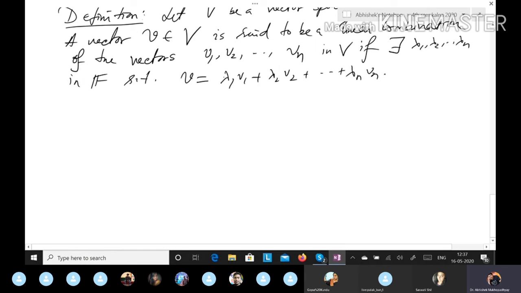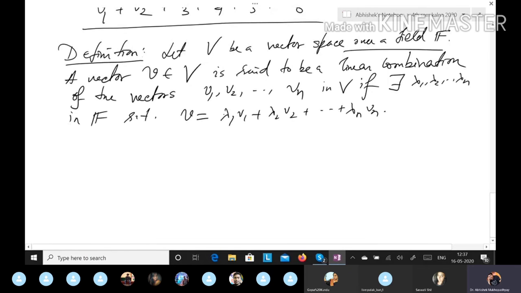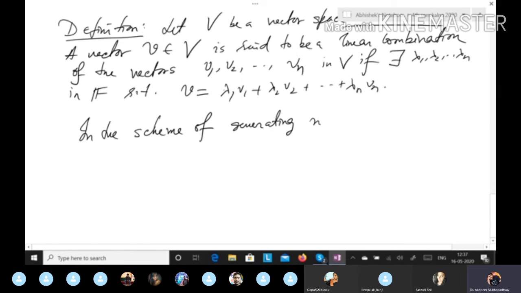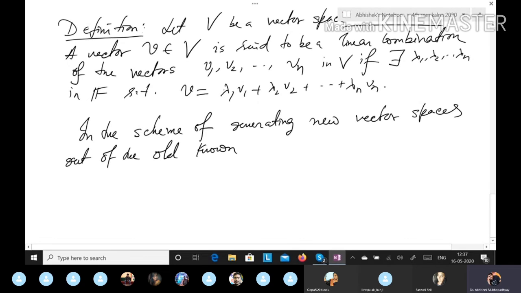Now, in the scheme of generating new vector spaces out of the old, known vector spaces, this is our basic goal: to construct new vector spaces from the known vector spaces.